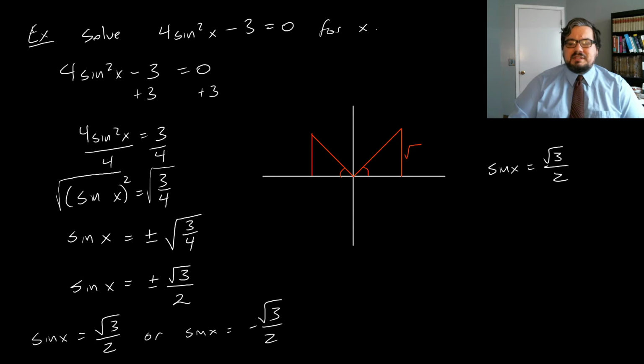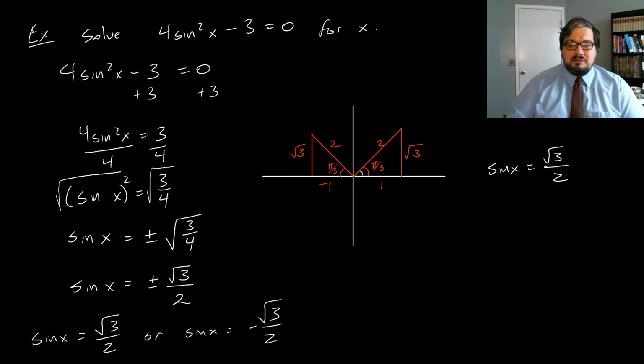The opposite side of these angles are going to be square root of 3. The hypotenuse is going to be 2, which means that the 2 sides are going to be 1 for the triangle in the first quadrant and negative 1 for the triangle in the second quadrant. Now this is a 1, 2, square root of 3 triangle, which means that the reference angle inside these 2 angles is pi over 3 in both cases.